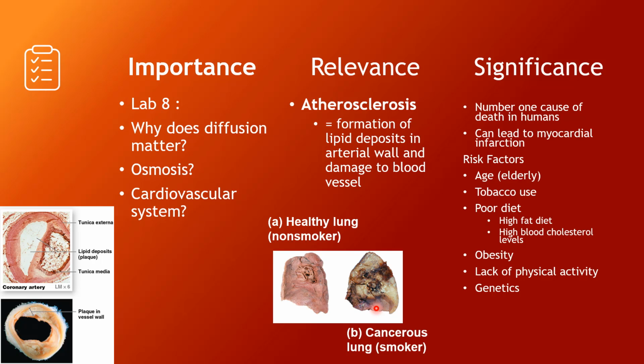You're decreasing surface area, and surface area affects diffusion rate. So if you decrease surface area, you're going to decrease diffusion rates. And that means you're going to have less oxygen being transported in and a harder time getting carbon dioxide out and exhaled. So cardiovascular disease is the number one cause of deaths in humans.